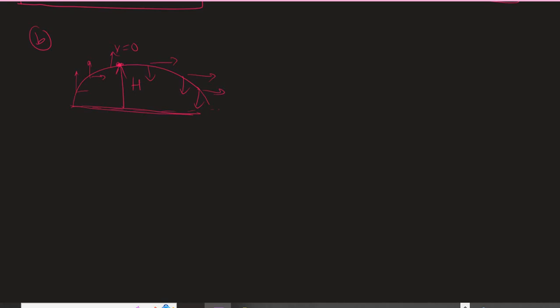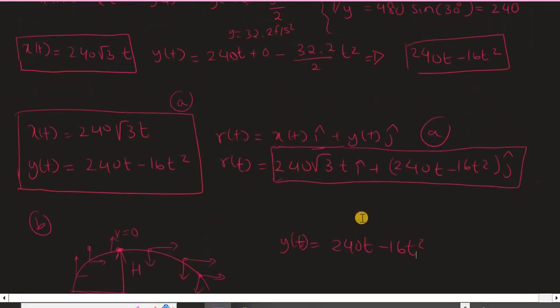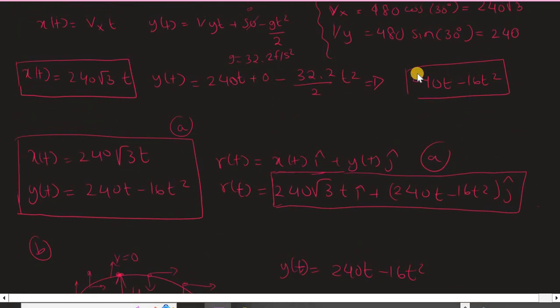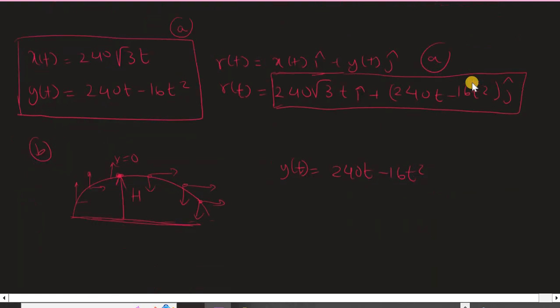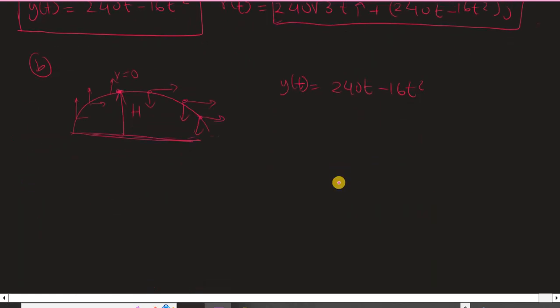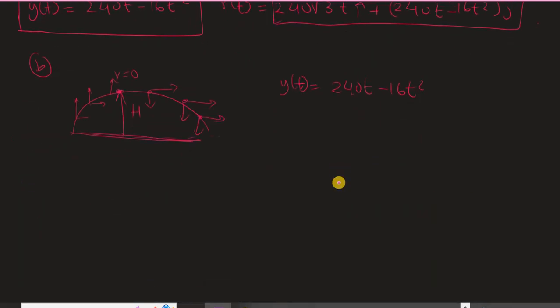So for the y of t, we are going to use this equation because we're talking about the velocity. The velocity is changing only in the y direction. So y of t was equal to 240t minus 16t squared, like we wrote it at the top. So we're going to use this equation to solve it. And this is the position equation of the y.